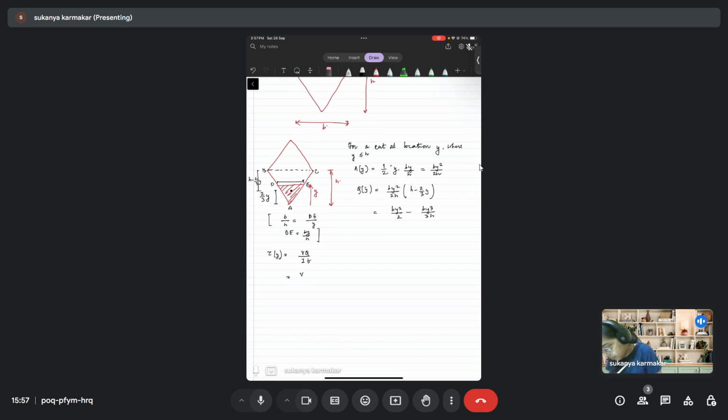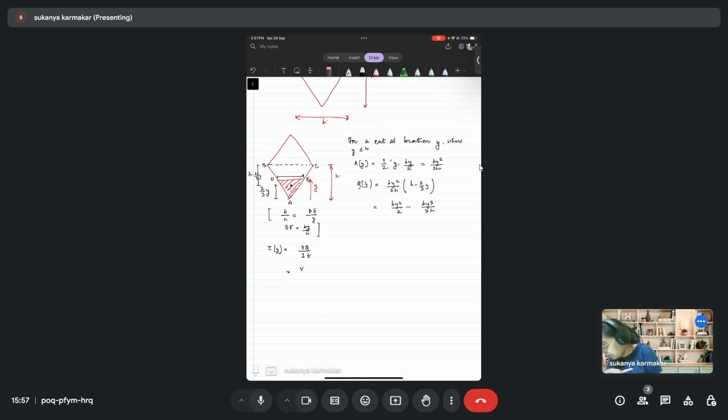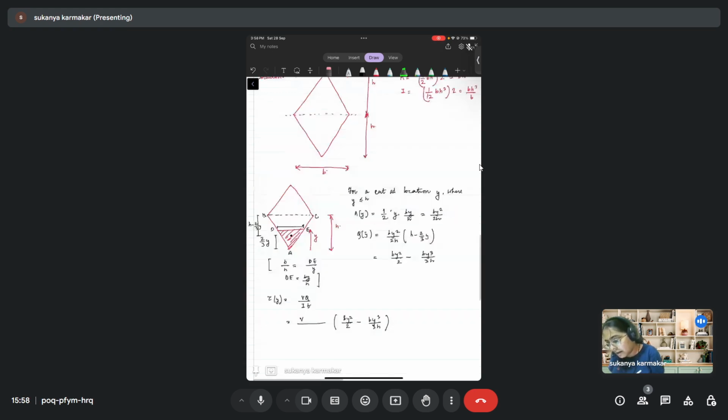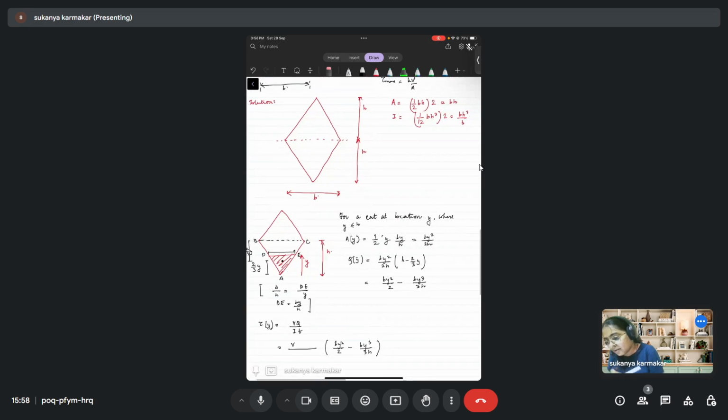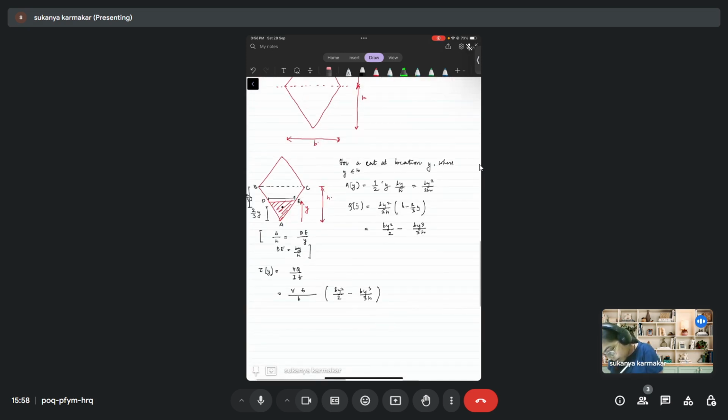So shear stress is V, then we substitute the value of Q, which is b y squared by 2 minus b y cubed by 3h, divided by I. I is b h cubed by 6, so 6 by b h cubed, into t.